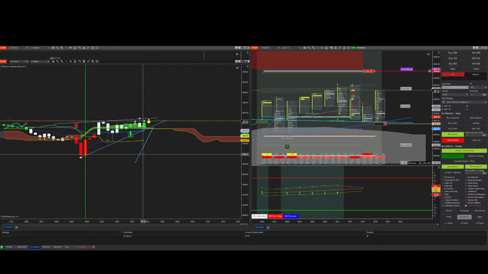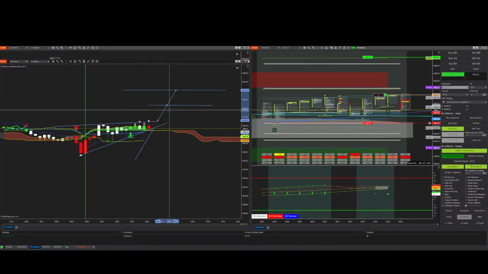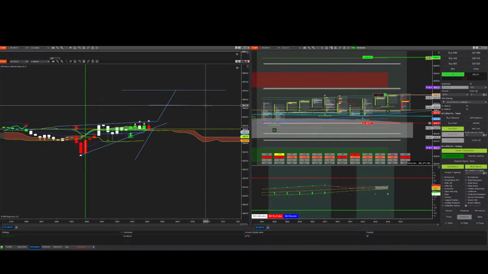Now, if that does take a bullish turn, we got two targets. One being here, and being there. It's getting choppy here.